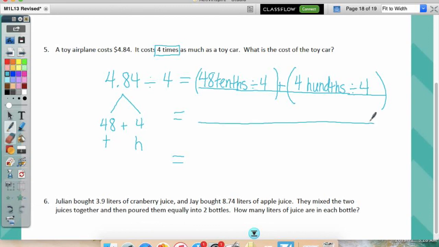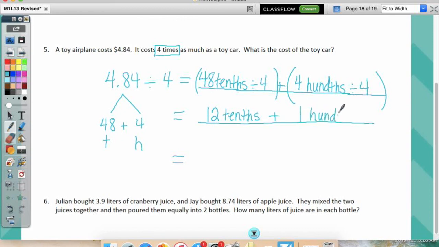Okay, so this one, 48 divided by 4. Who knows that? Besides Isaac. Hint. Fernanda? 12. So 12, what? Tenths. Well, since you know it's 12, I'm guessing you knew the answer. Okay, and 4 divided by 4? 1, but we have to keep our place value.